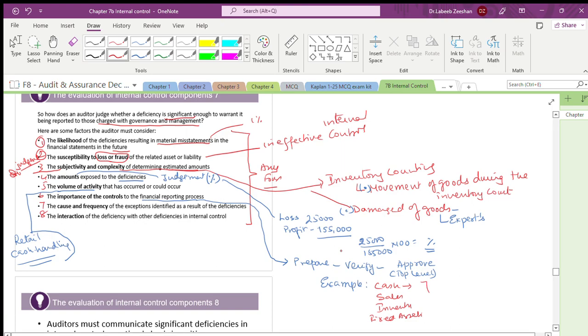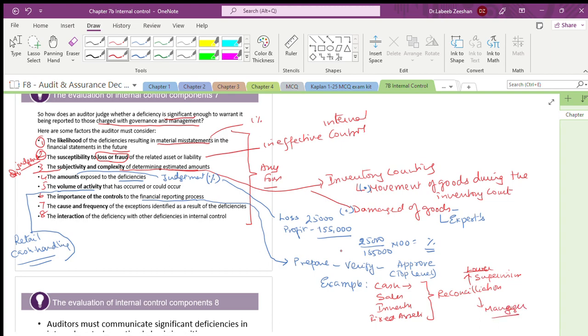In most of the cases, we have to prepare a reconciliation. Who will prepare the reconciliation? A lower level operational manager, a supervisor or a clerk will prepare it. But whenever there is a reconciliation, the manager or the director should verify and approve it.